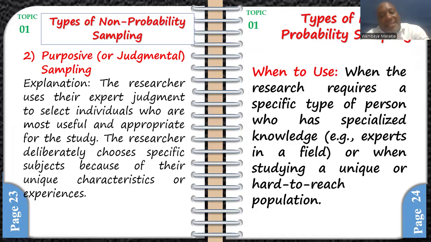The researcher deliberately chooses specific people with unique characteristics or experience for the sample. When do we use this kind of sampling? When the researcher requires a specific type of person who has specialized knowledge, that is, an expert in that field, or when they are studying unique or hard-to-reach populations.